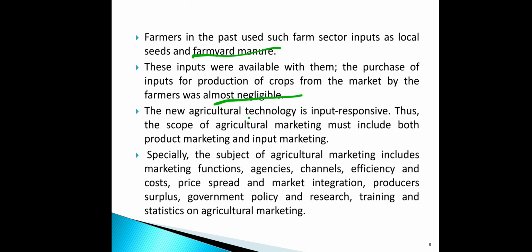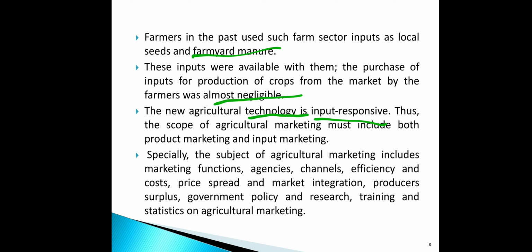New agricultural technology is input responsive. Now farmers are looking at the broader picture, at commercialization. They are using technology, and due to the use of technology, they require high yielding varieties, standard machineries and good quality agrochemicals. So it has a good scope.